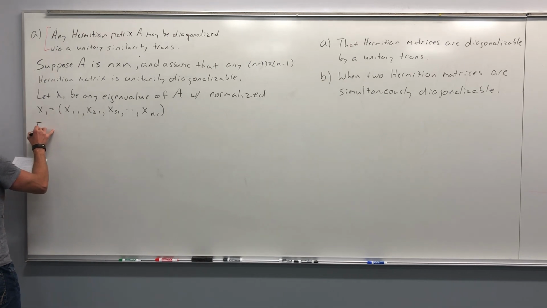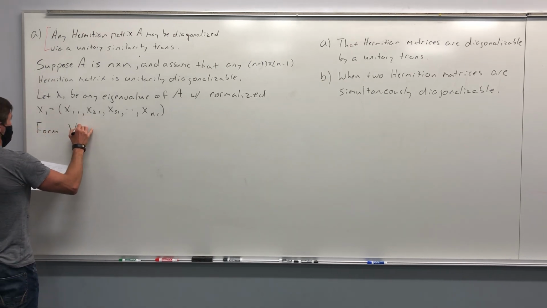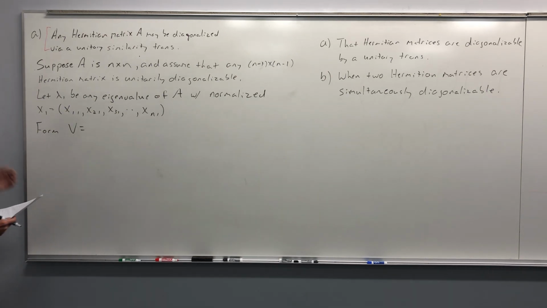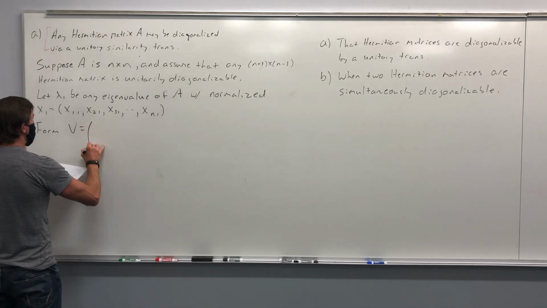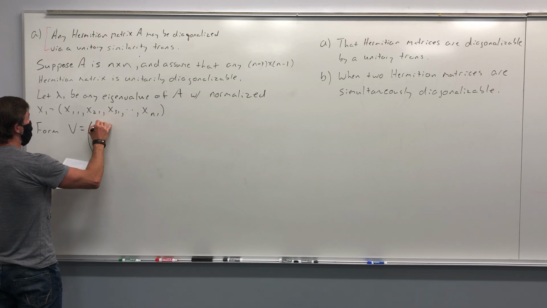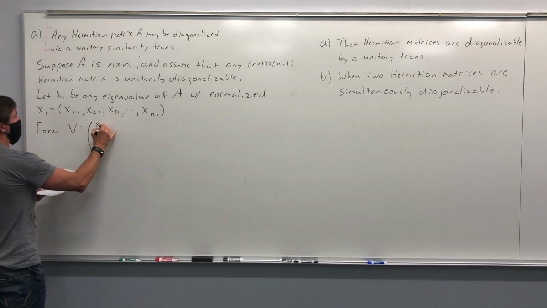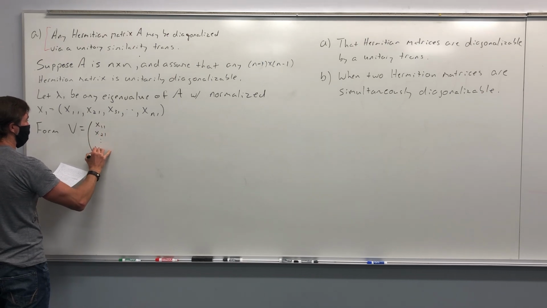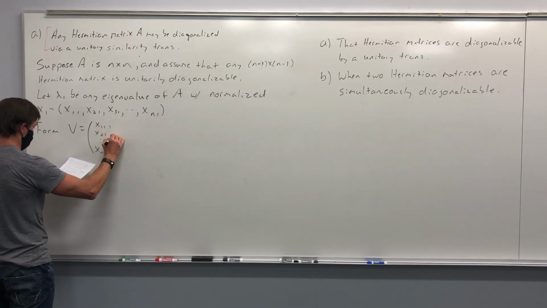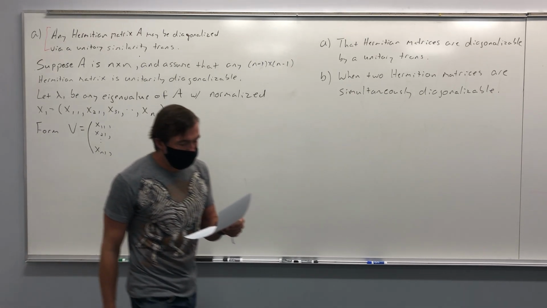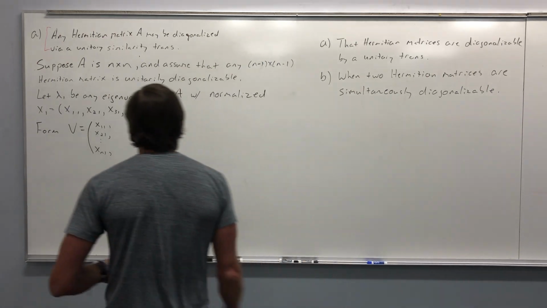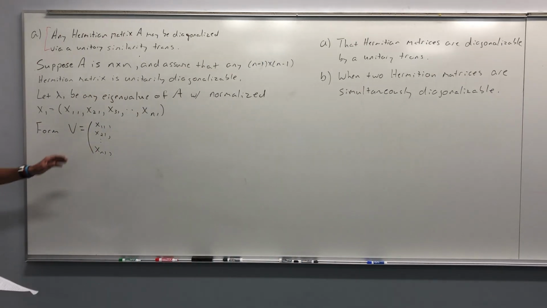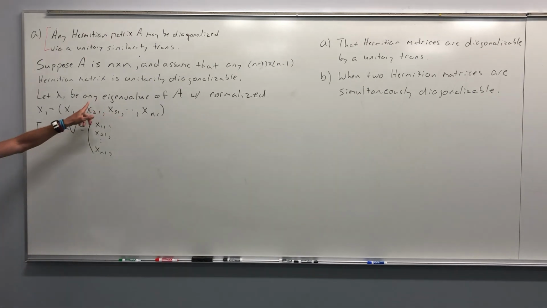And now we're going to form a matrix V, composed of this eigenvector in the first column, and then we're going to take a set of orthogonal vectors to fill out the columns that are all orthogonal to this one as well, okay?